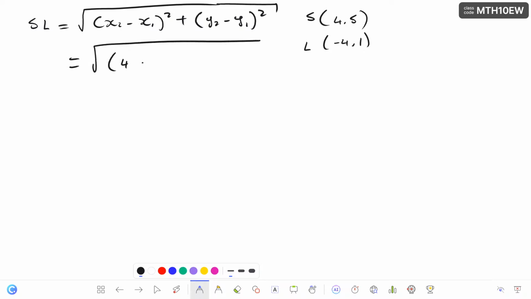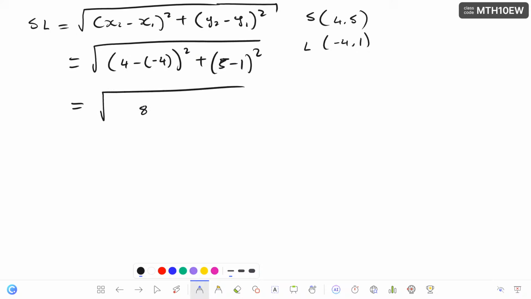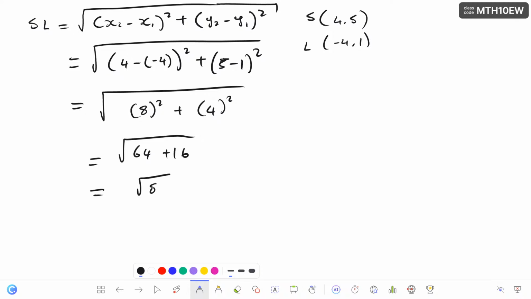So it's going to be 4 minus (-4) squared plus 5 minus 1 squared. This is 8 squared plus 4 squared, so 64 plus 16, which gives us 80.